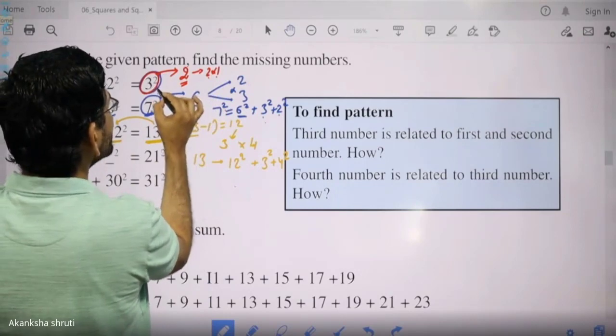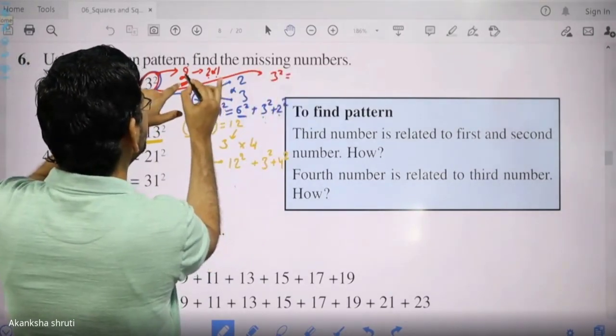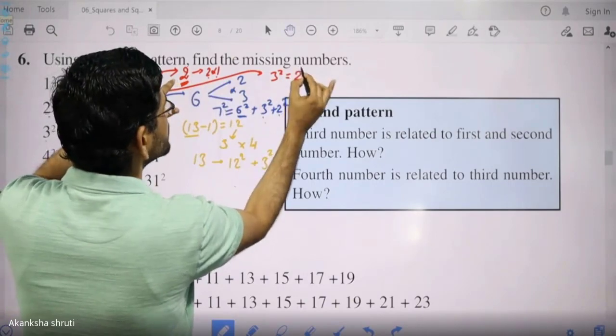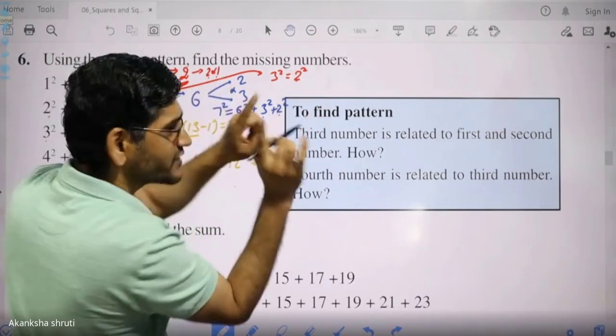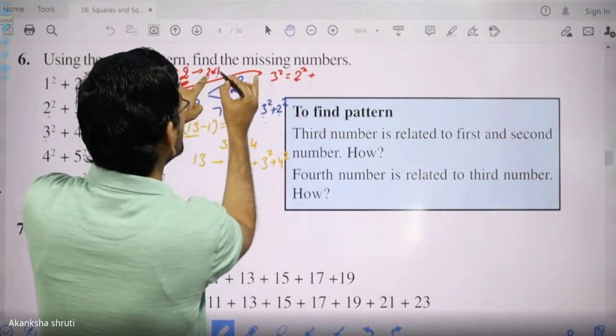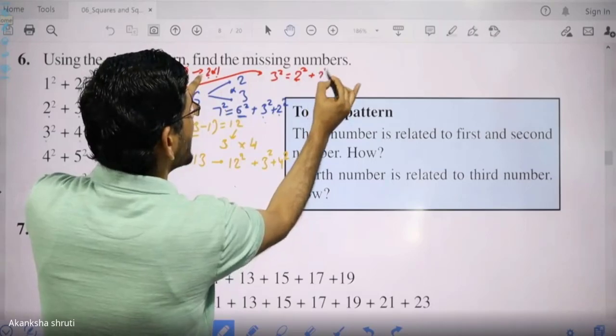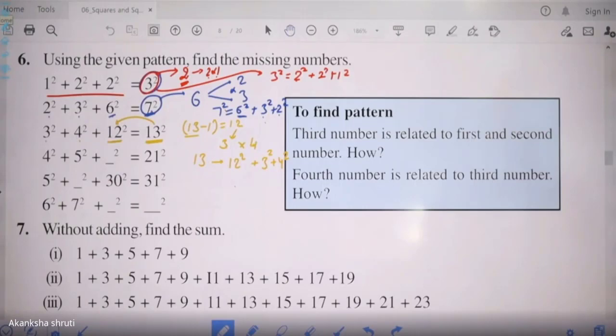Now, this 3 square is written as 2 square, the number before 3, plus the squares of the continuous natural numbers whose product is 2: 2 into 1. So it is 2 square plus 1 square. See, the same relation is also here.